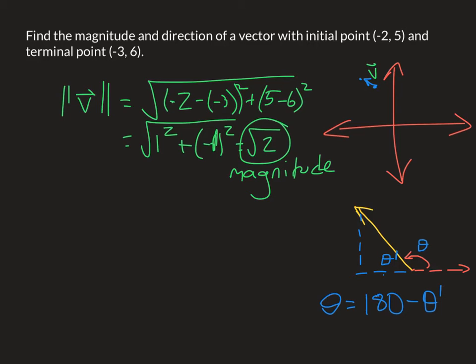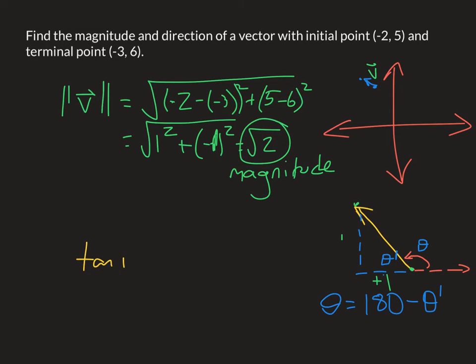So to label this information, we know we went left 1, we went up 1 to get from the initial to the terminal point. For now, I'm going to ignore the negative because I want a theta prime measure that's somewhere between 0 and 90 degrees, so that I can take 180 minus that value to figure out theta. To figure out theta prime, we know opposite and adjacent, so we're going to use tangent.